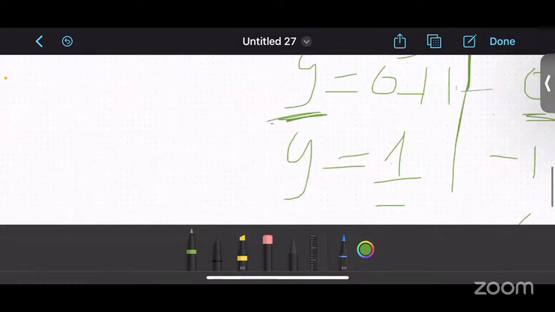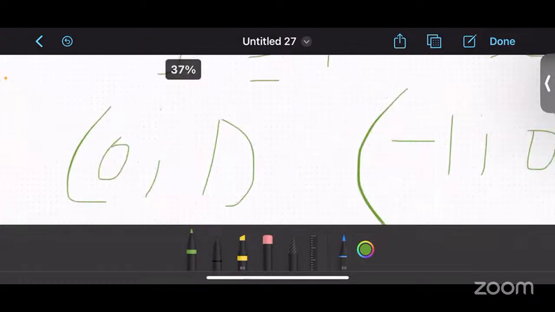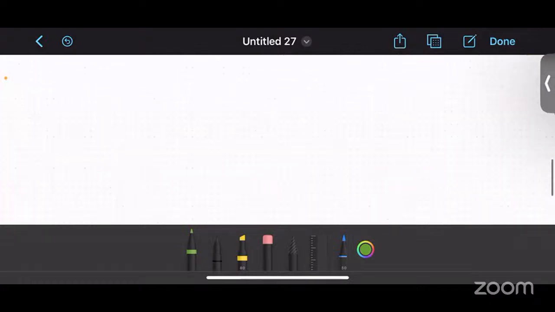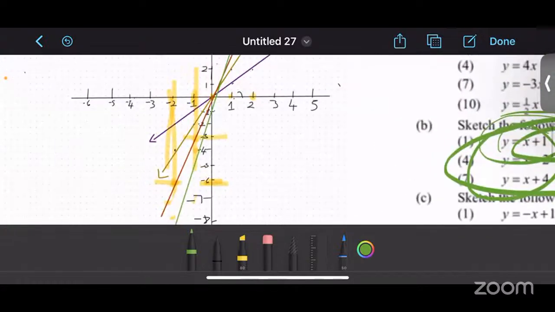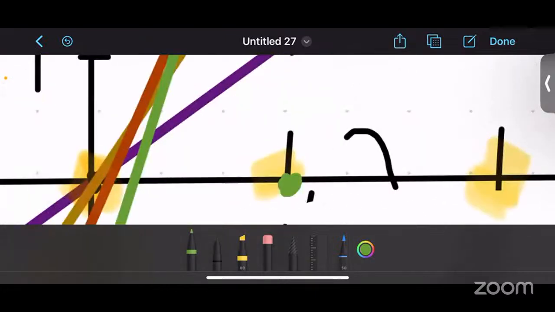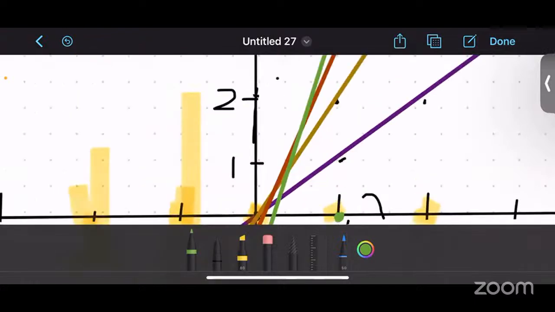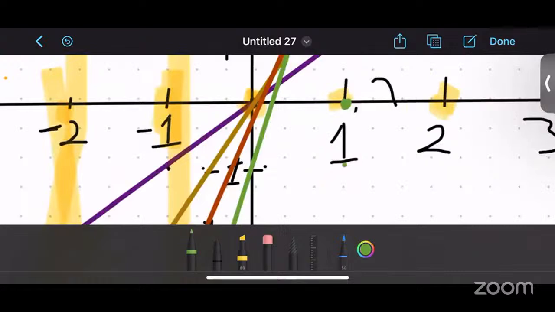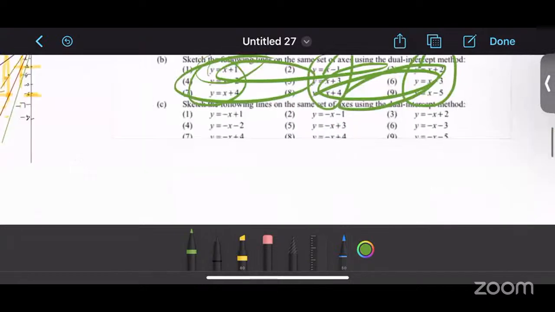I have 0 and 1. I also have negative 1 and 0. It's tough. Okay, so I have my positive 1 and 0, and I also have a positive... Oh no, it's a negative. Is it a negative, guys? I think I'm mixing these points.